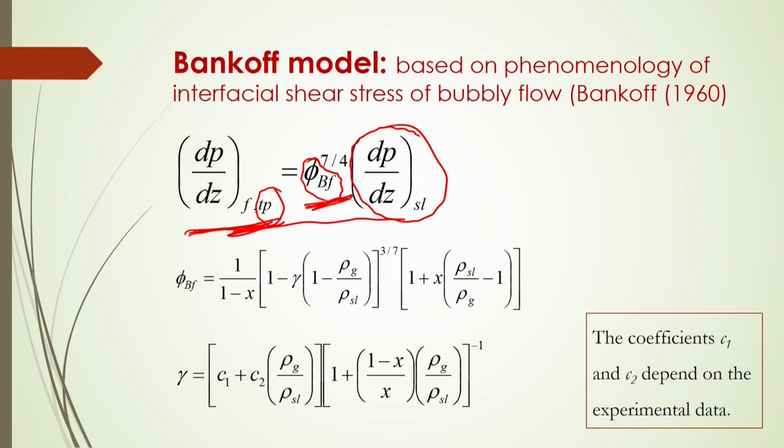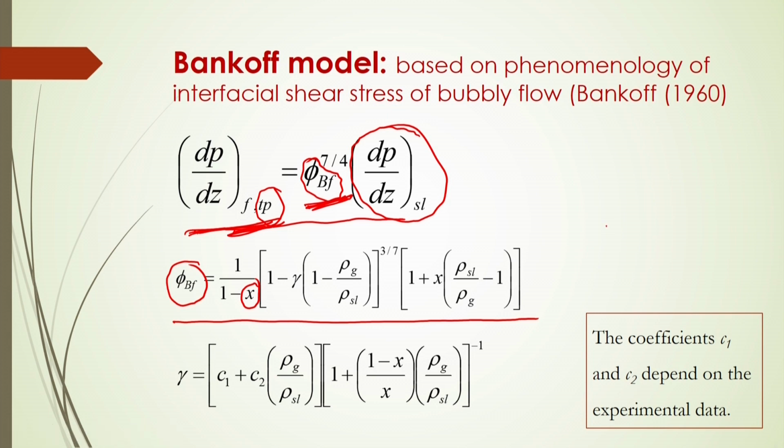So, it is called the Bankoff multiplier, if you are calculating it from the experimental data and correlating this experimental data with this model of phi Bf. Here this phi is a function of x, where x is nothing but the mass quality of the phases.